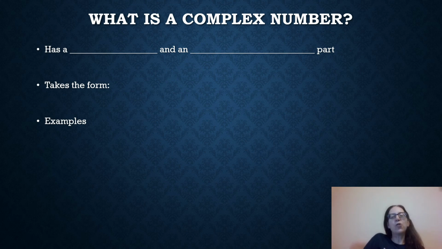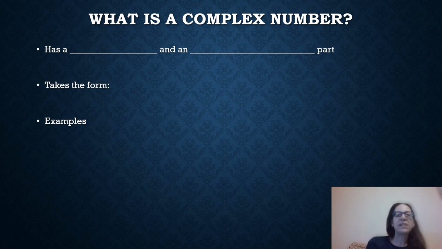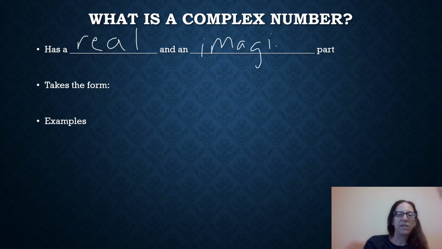So that brings us to what is a complex number. So we introduced imaginary numbers, and now Ms. Steeler's throwing something else at you. A complex number is actually not particularly complex in the way that you might normally think of something being complex. A complex number simply has a real and an imaginary part to it.